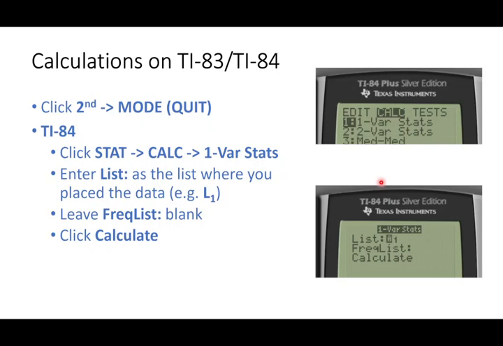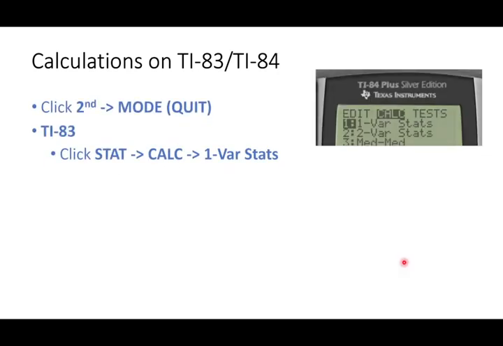You need to know that it's expecting you to type in the L1 there on that screen. Either way, once you get here, you'll put L1 and go down to calculate and enter, or on the other one, you'll put L1 and hit enter, and you should get a screen.